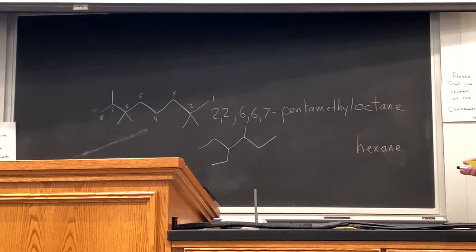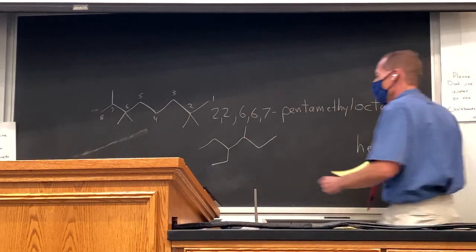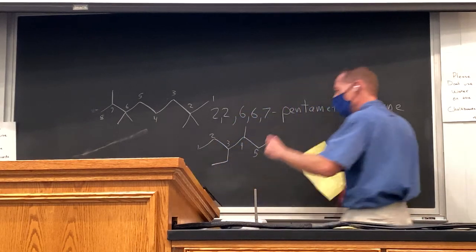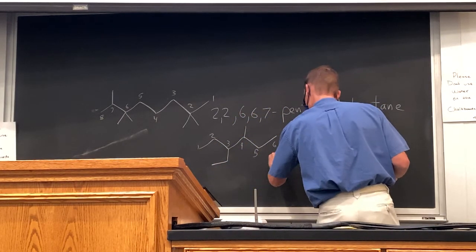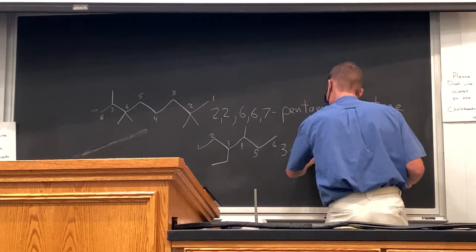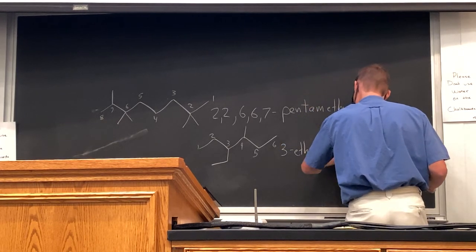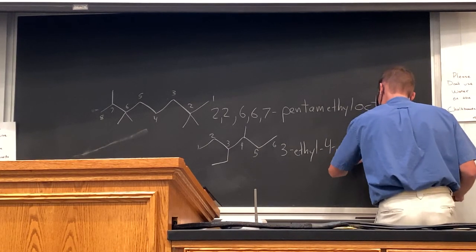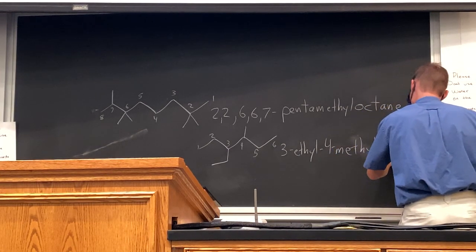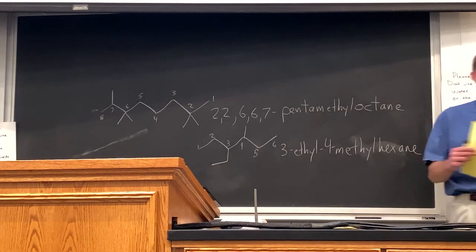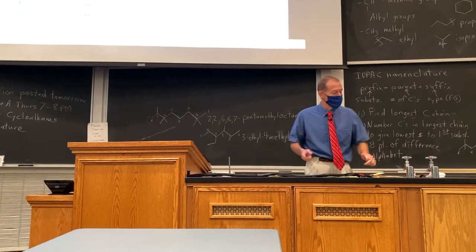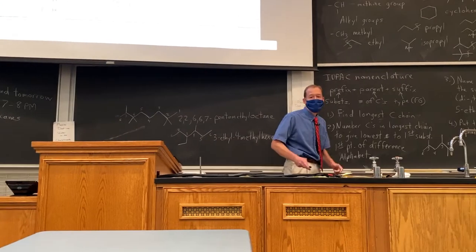If we go from the right, we hit methyl on carbon 3. So here's where we use that alphabet rule to go from the left, and we call this 3-ethyl-4-methyl hexane. I didn't give myself enough room. Any questions?